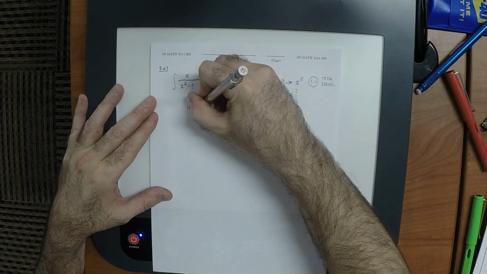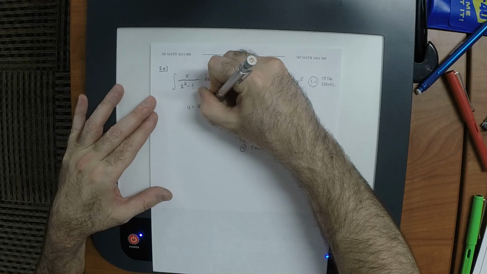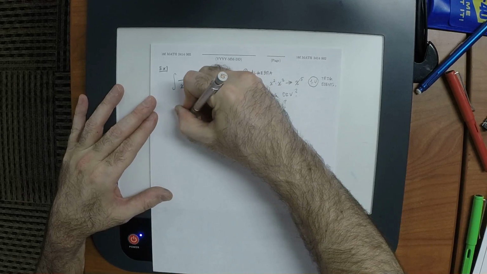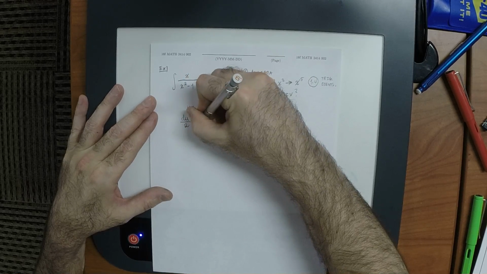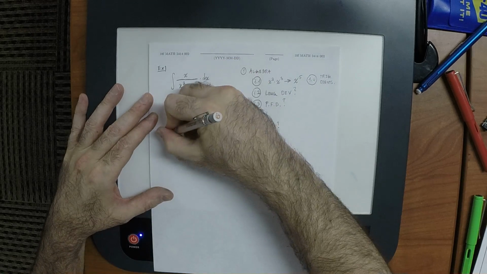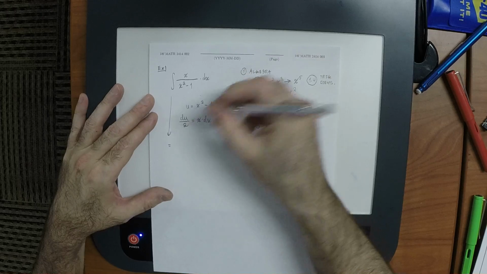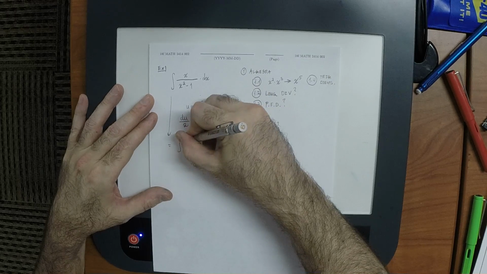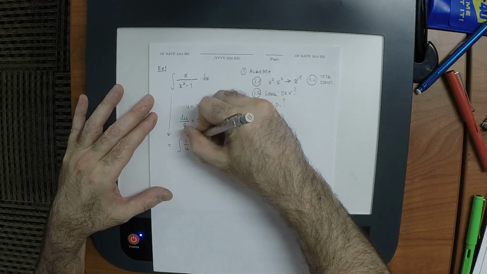So just so we have something to complete, I'll do it very quickly. I'll do the substitution because that seems easiest to me. U is that. du over 2 is that. After this substitution, we obtain antiderivative 1 over u du over 2.